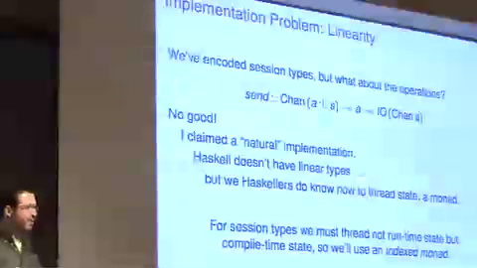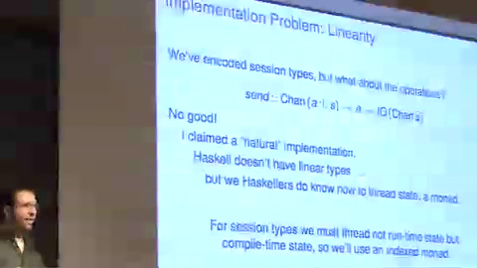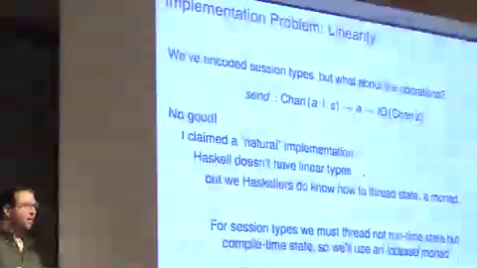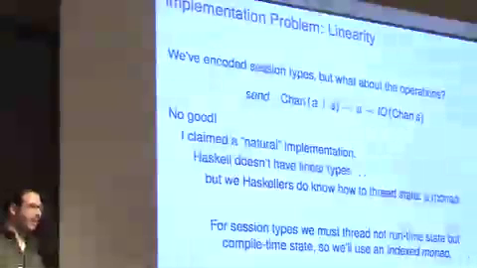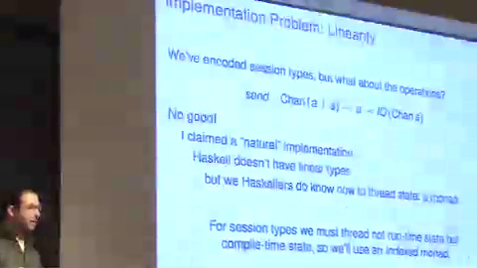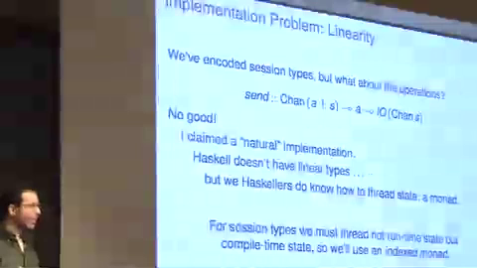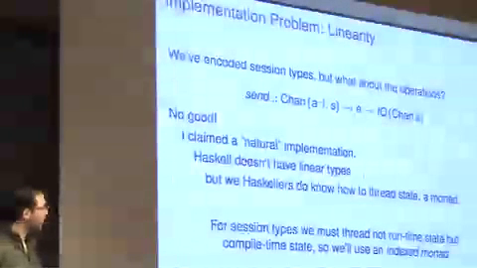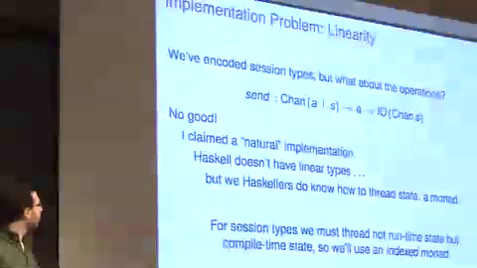But the state we have here is not runtime state that we're threading through, it's actually type checker state. So we'll use an indexed monad, which is not a monad. And about an hour ago, Ken mentioned the same thing, called a parameterized monad. So we'll use that to keep track of our channel.